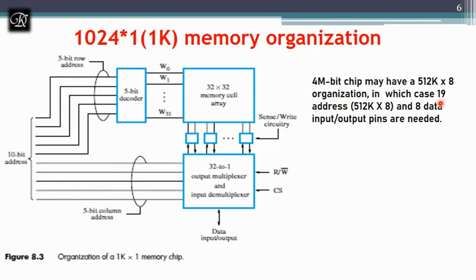So out of that, what is the configuration I can take over here? 512 cross 512 will give me 4 megabit, which I can use, and equally to get 512K. What is 512K? 9 is for 512, K means 10. Again, it is 19 address lines, which I directly got, and that you have to divide over here. So how can we divide 19 here? You can take 10 for rows and 9 for columns.